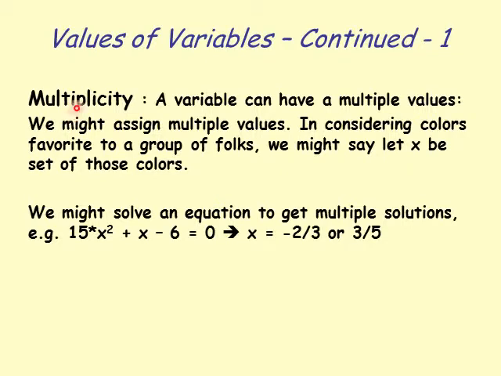That's multiplicity. We might solve an equation to get multiple solutions, like 15x squared plus x minus 6 is 0, which has two solutions: x is equal to minus 2 divided by 3, or 3 divided by 5.